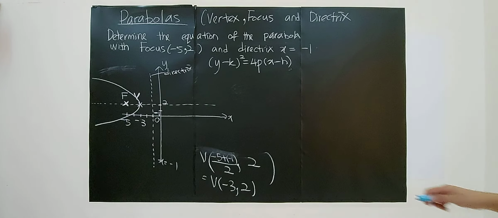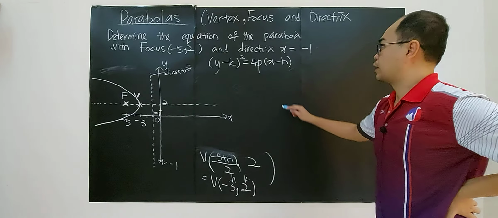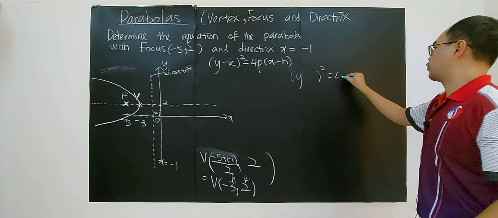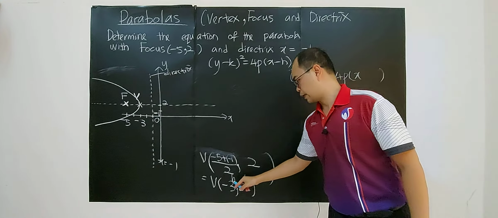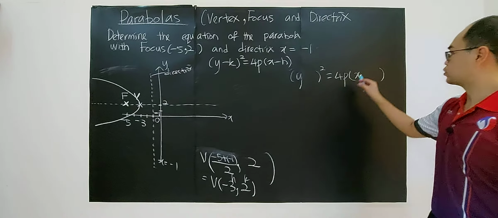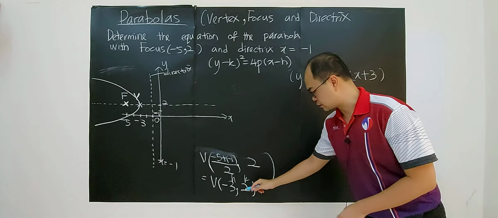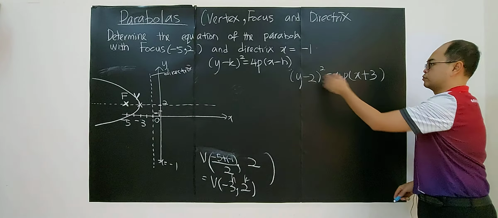Alright, with the vertex that I know, this will be your h and your k, right? So very simple, y squared equals 4px. Let's look at the x value here. x value is -3, right? So the x here will have +3. And if you look at the y value, it is +2, here will have -2. Done, right? You have the vertex already.